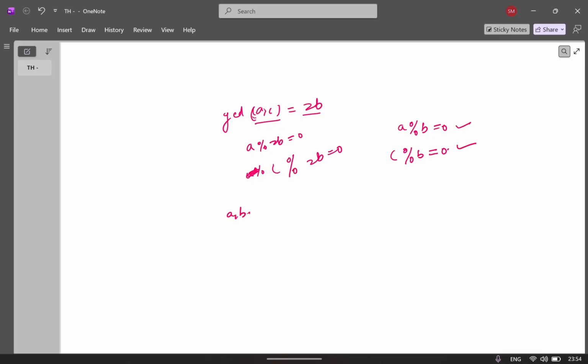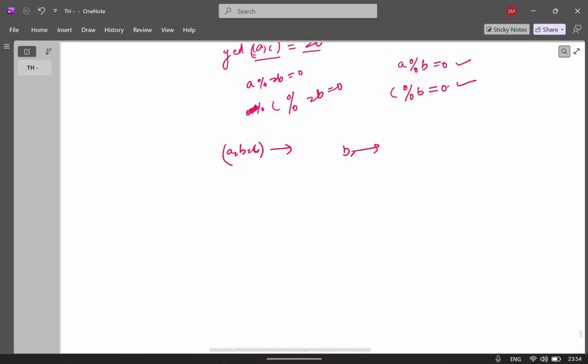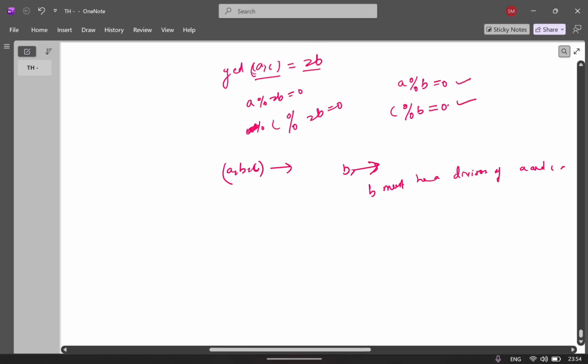For such triplets to justify the given relation, B must be a divisor of A and C, that is, B must divide A and C.